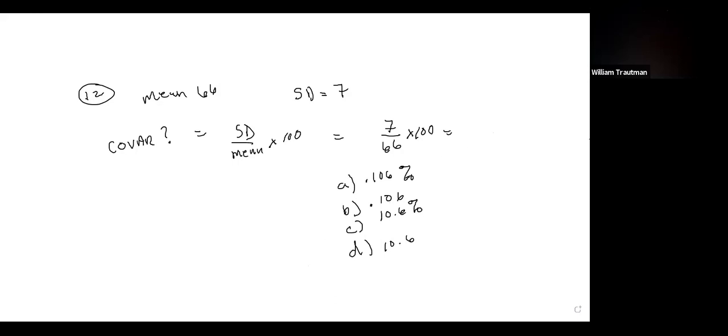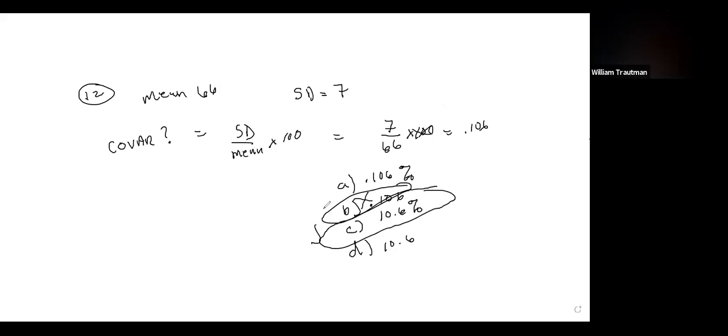Some people are typing in C. It's almost like a trick. If you type this in without the 100, you get 0.106, and you would get it wrong, because you have to multiply by 100% and then add the percent symbol.